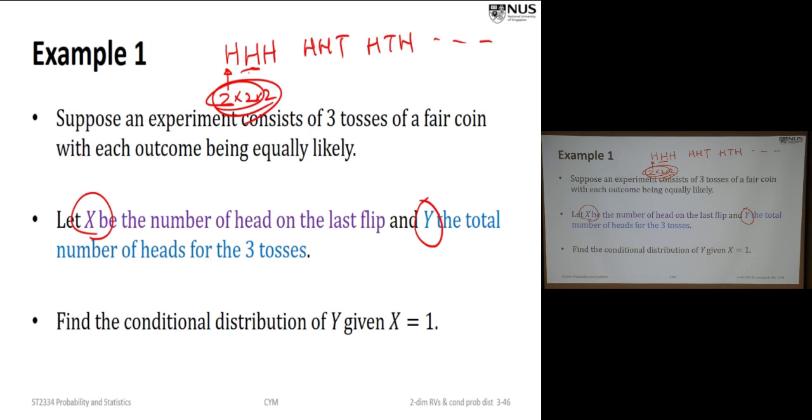But what's my x? X is the number of heads in the last flip. For this one, x equals 1. How about y? Y is the total number of heads: 1, 2, 3.